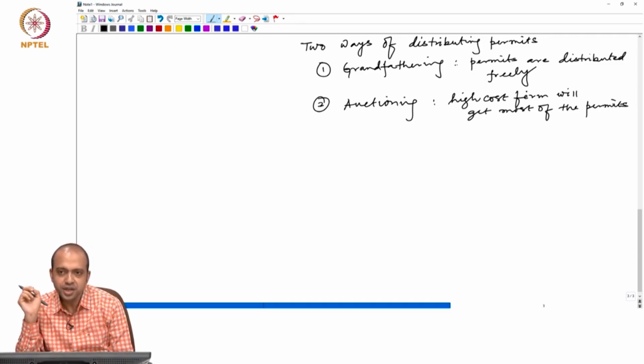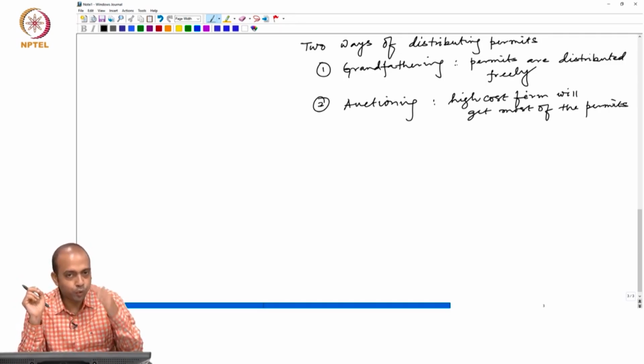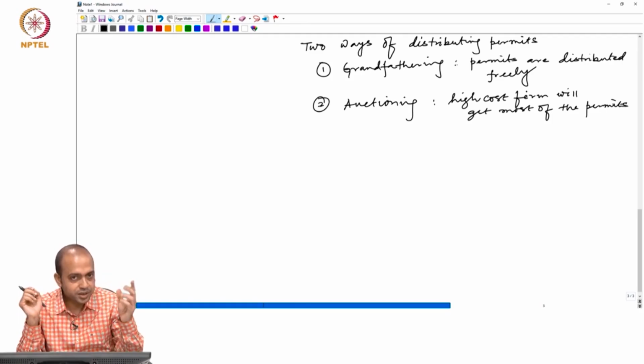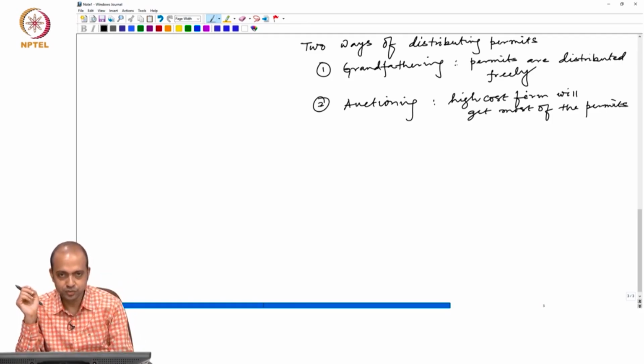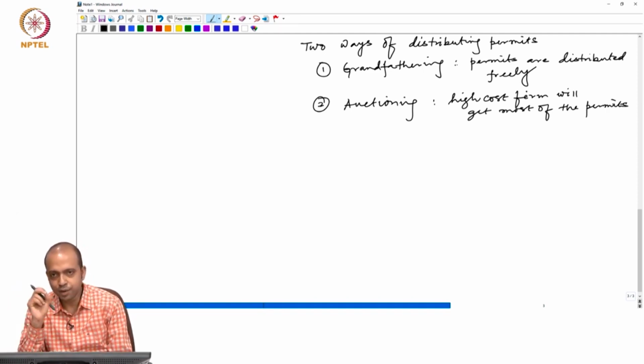Now, the way we discussed the three alternative scenarios about the effectiveness of emission charges, in the same way we have to discuss the effectiveness of tradable pollution permits when the policymaker is uncertain about the cost of pollution control, but certain about the benefit.